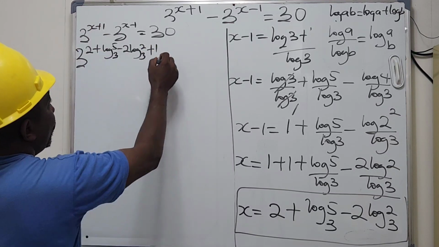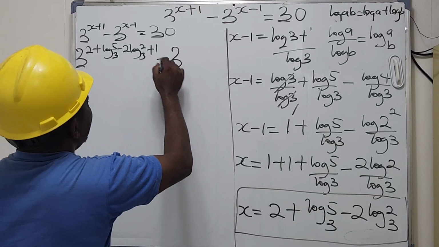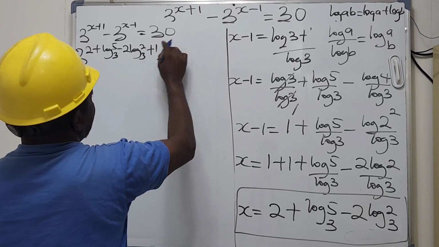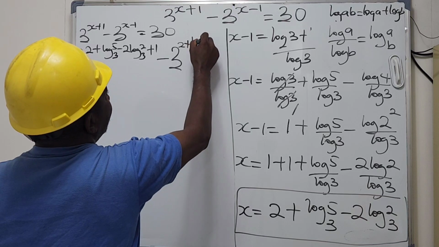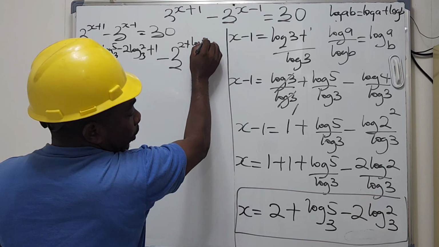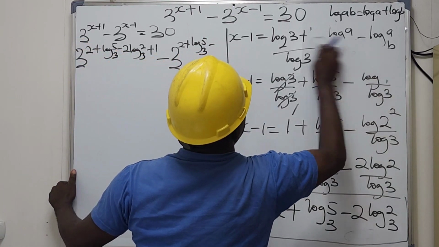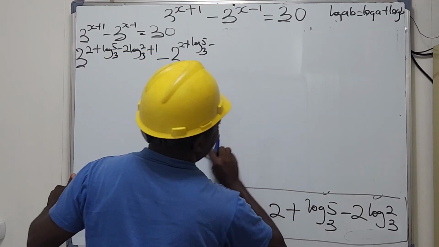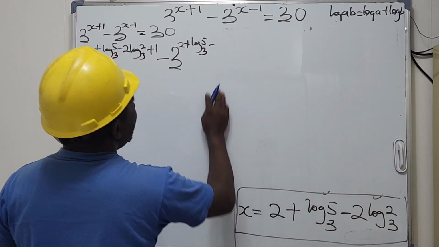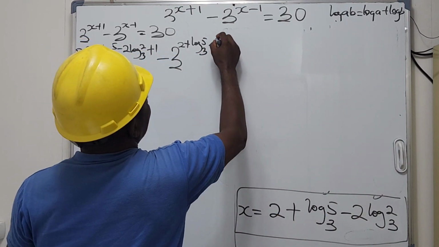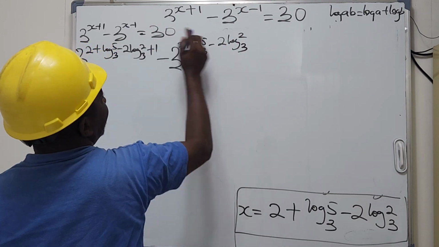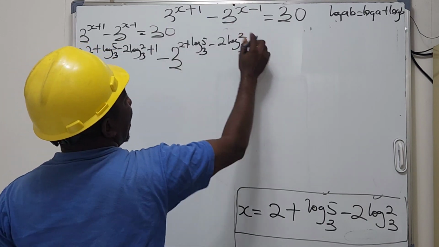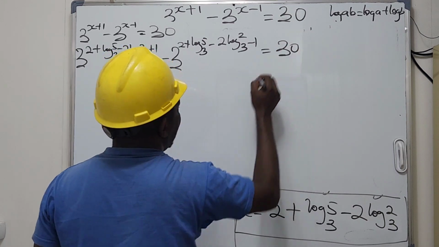On the other side we have minus 3 to the power of, in the place of x we have 2 plus log 5 base 3 minus 2 log 2 base 3, and here we have minus 1. When we add this, will this equal 30?